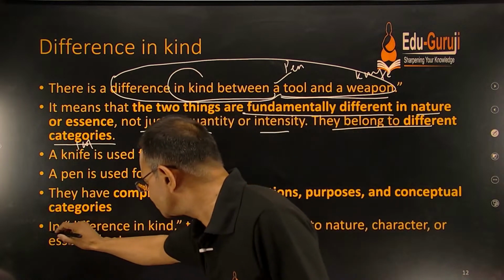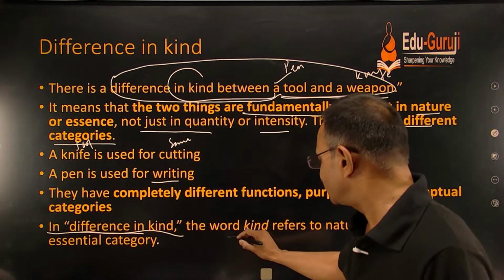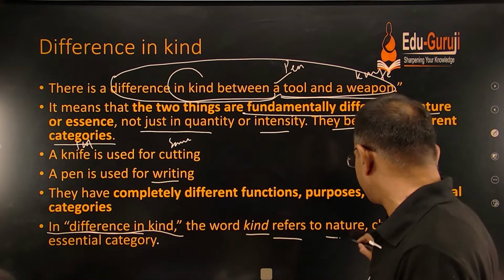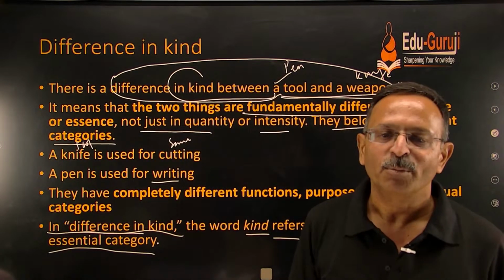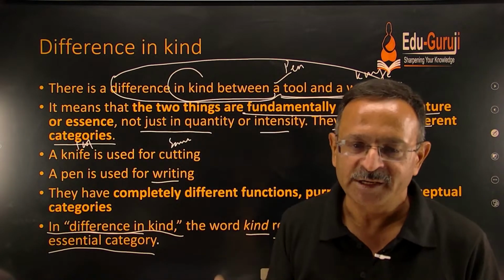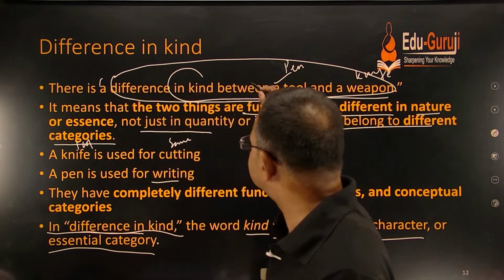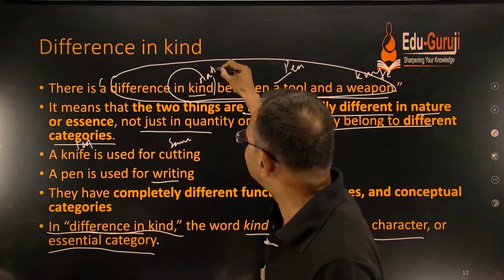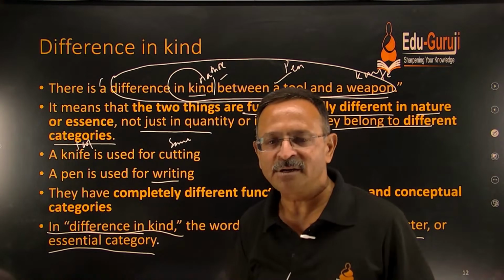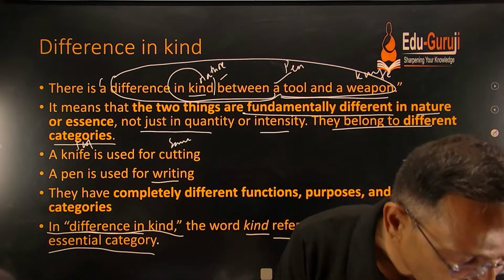So when we are using difference in kind, the word kind refers to the nature, character or essential category. I hope it is clear. So whenever this phrase comes to you, a difference in kind, it means the difference in nature. I hope this must be pretty clear to you.